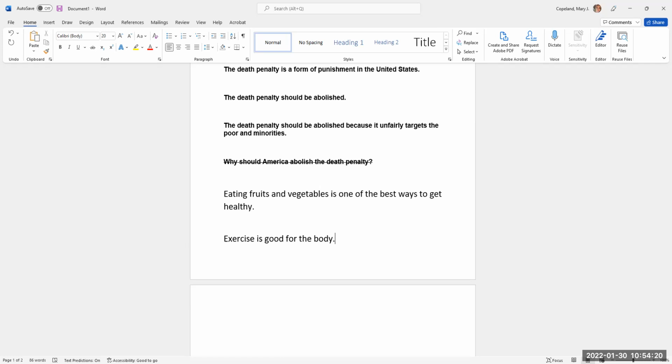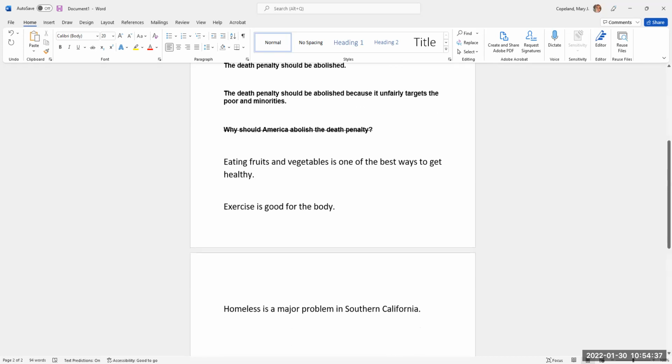And that's why some of the topics like poverty or homelessness, like homelessness is a major problem in Southern California, that's a fact. It's conventional wisdom. So that does not make a good thesis statement.